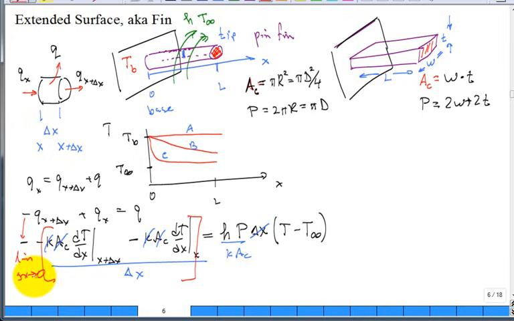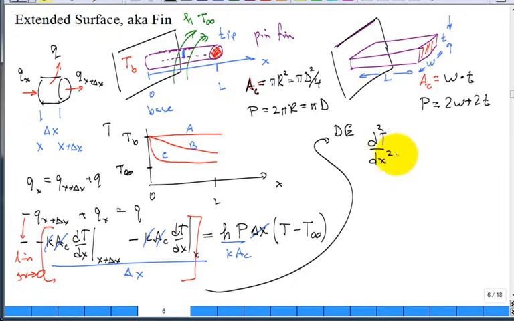But it's a derivative of a derivative, so it's hard to see it sometimes. But a derivative of a derivative is a second derivative. So what we end up with is a differential equation, which is the second derivative of temperature with respect to space, equal to hP over K A sub C times T minus T infinity.